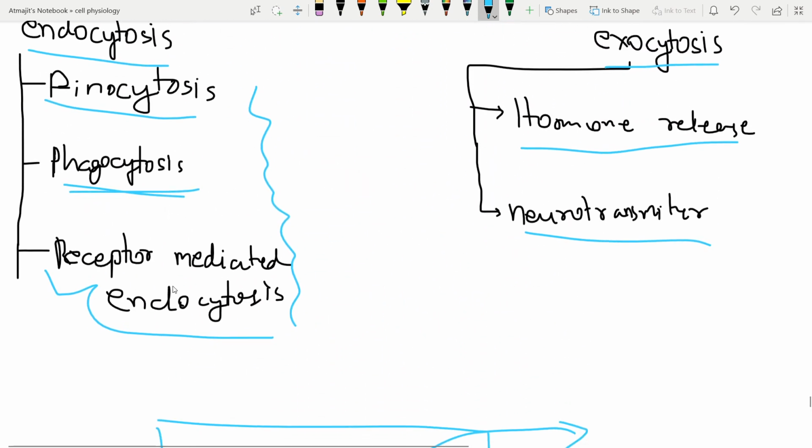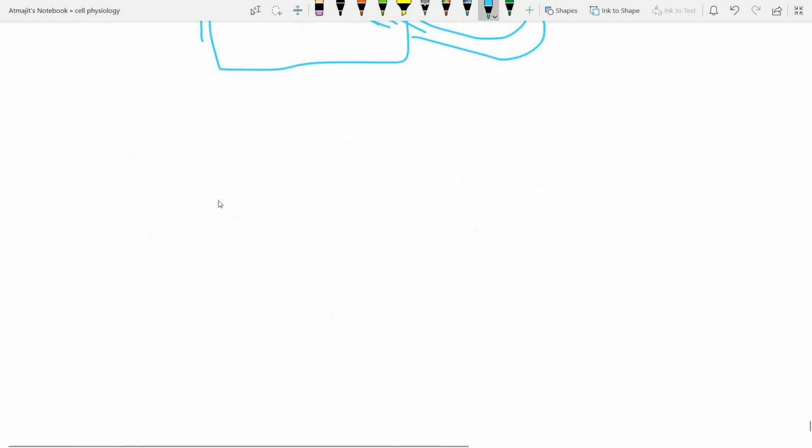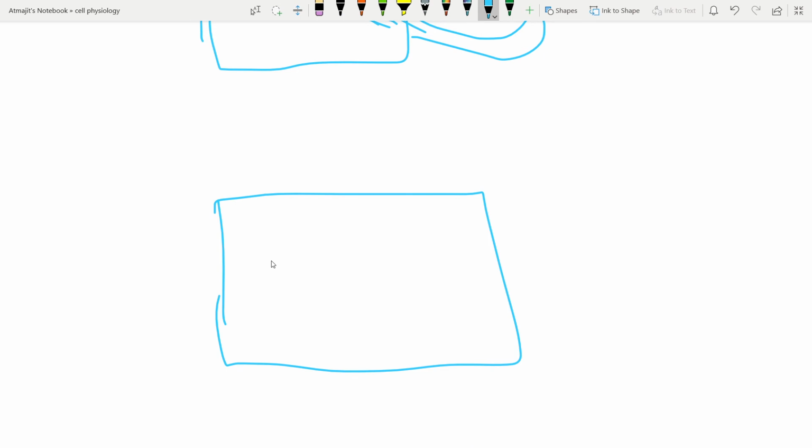Then receptor mediated endocytosis. If there is a cell, let it be a hepatic cell or liver cell, a hepatocyte. At first a small depression will be created here, and here the receptors are present for LDL.